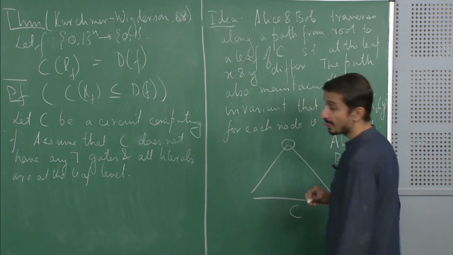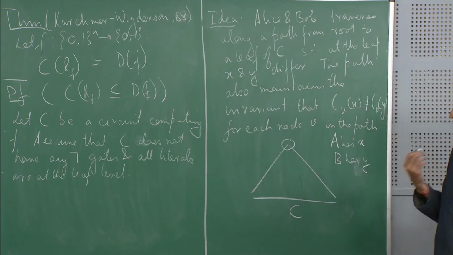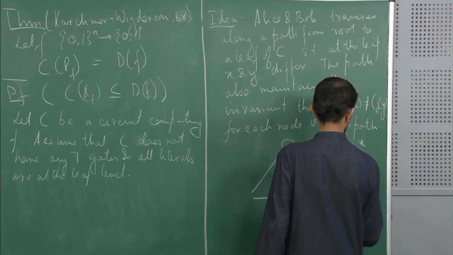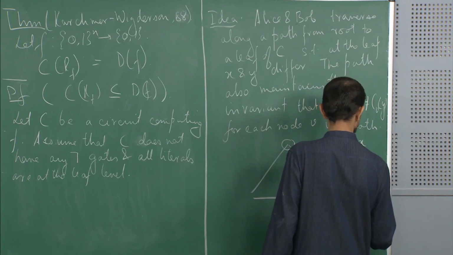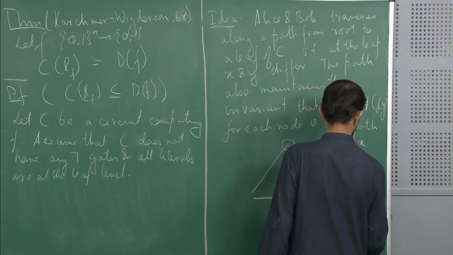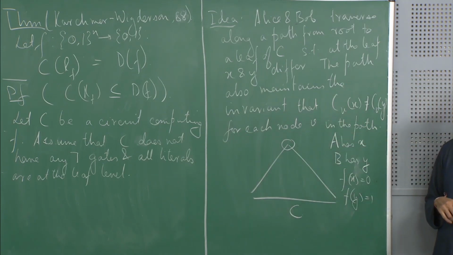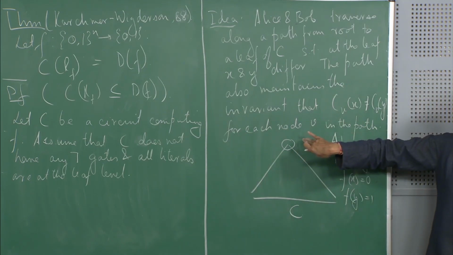We know that f of x is 0 and f of y is 1, which means that C of x must be 0 and C of y must be 1. So the invariant is satisfied at the root.